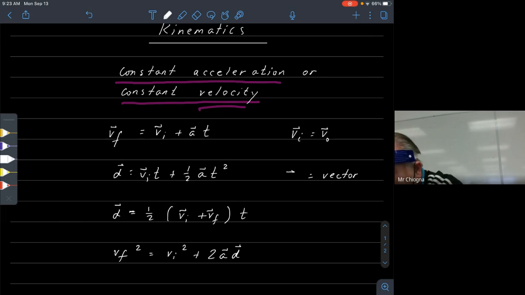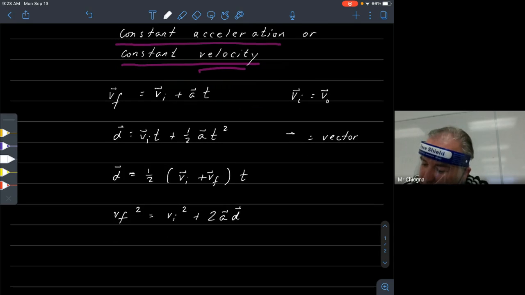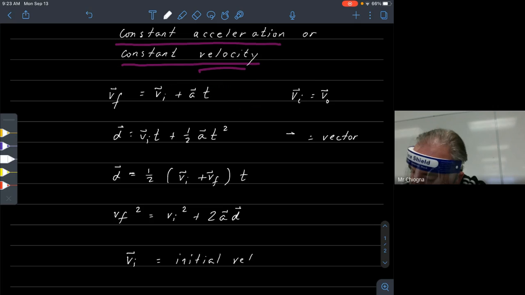Let's just go into more detail as far as the variables. So Cam, you tell me a little bit. Okay. So vf for the first one. Yeah. It's the final velocity. Okay. vi is the initial velocity. I'm going to put initial first. Makes sense?